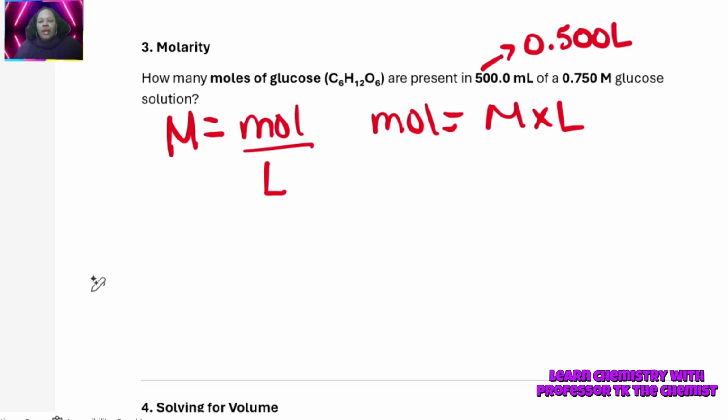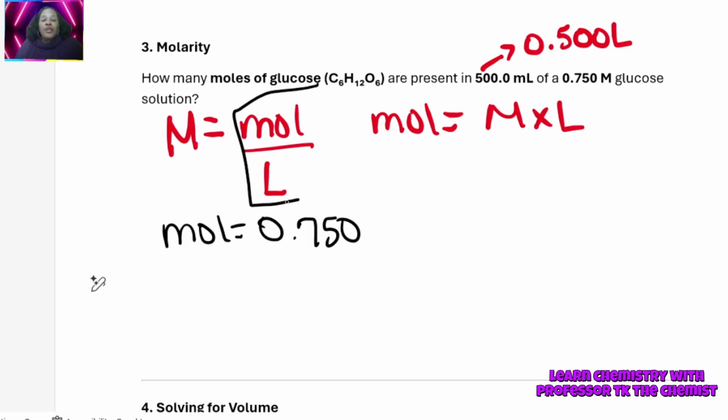Now, in this problem, since you're calculating your moles, you're going to take that formula and say moles is equal to molarity, 0.750. Now, I'm going to replace the M with these units right here. So rather than putting the M right there, I'm going to put moles per liter in its place.